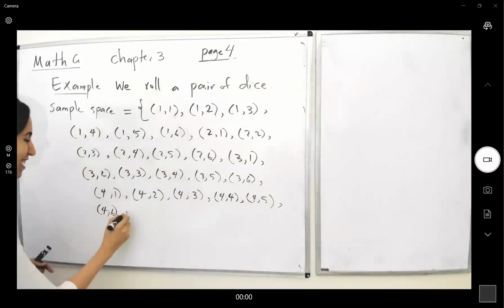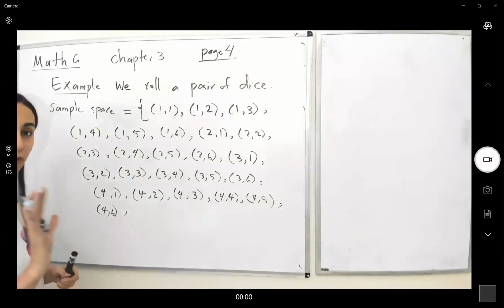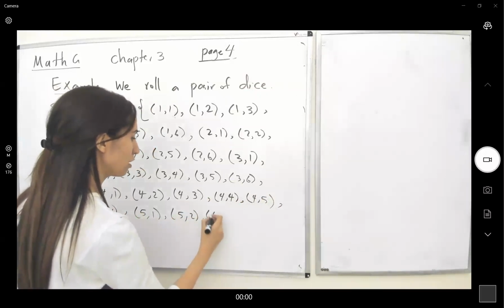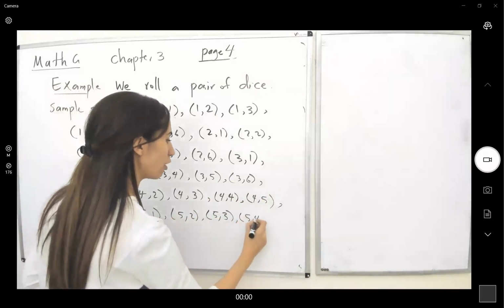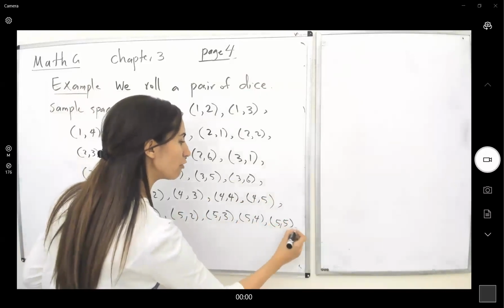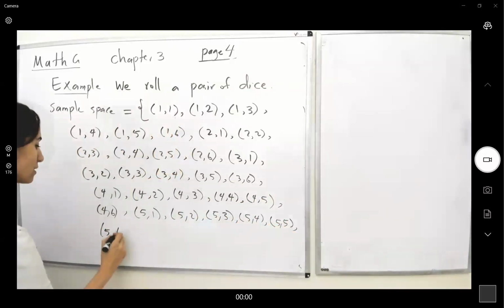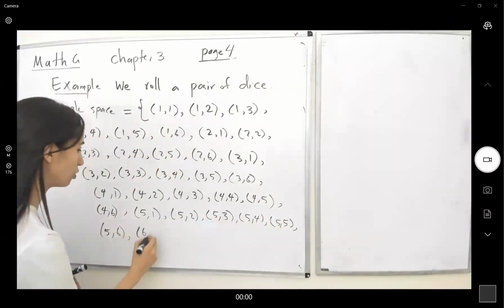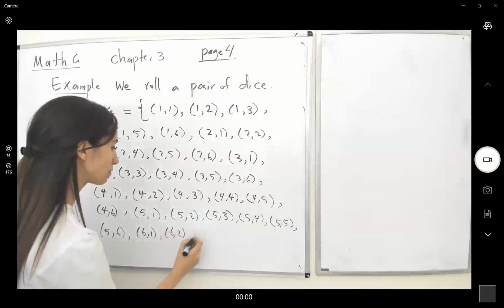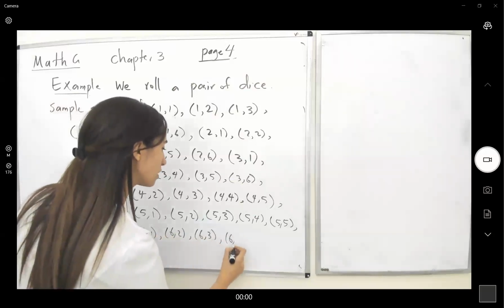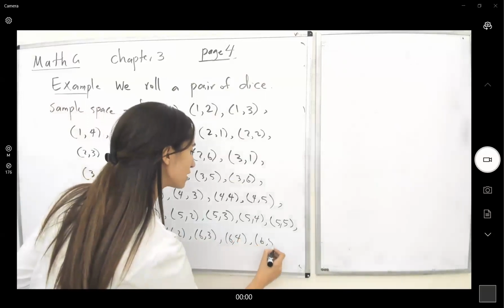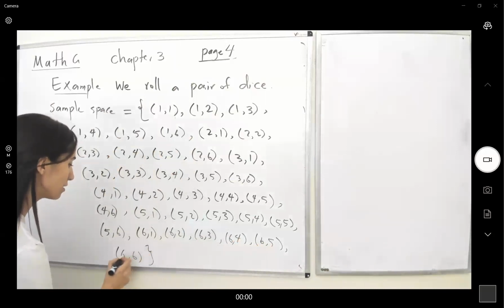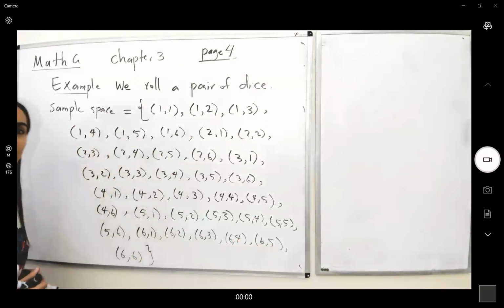What if the first die comes up with 5? 5 and 1, 5 and 2, 5 and 3, 5 and 4, 5 and 5, 5 and 6. But the first die is actually 6. So 6 and 1, 6 and 2, 6 and 3, 6 and 4, 6 and 5, 6 and 6. Well, this is your sample space.